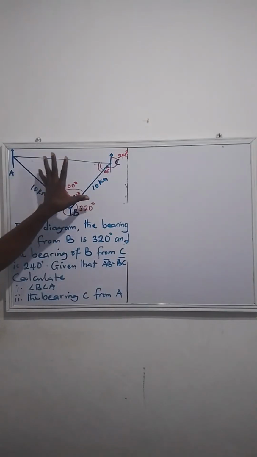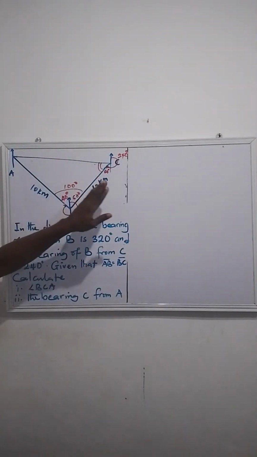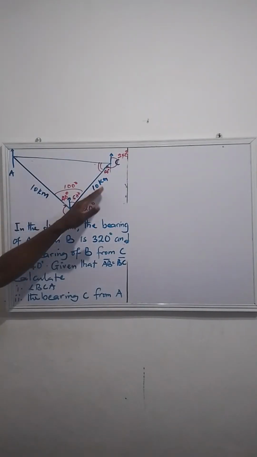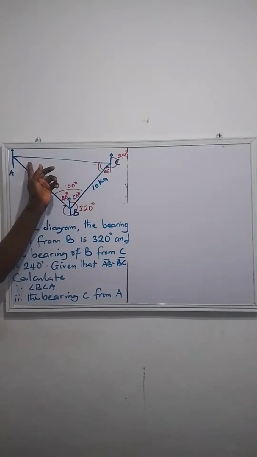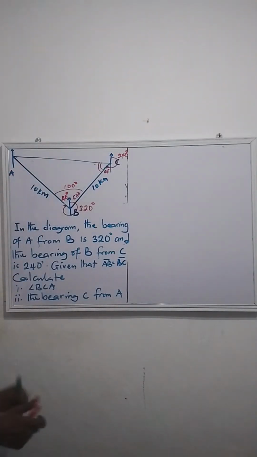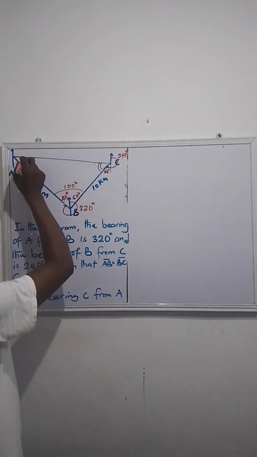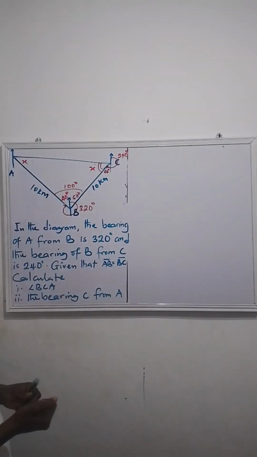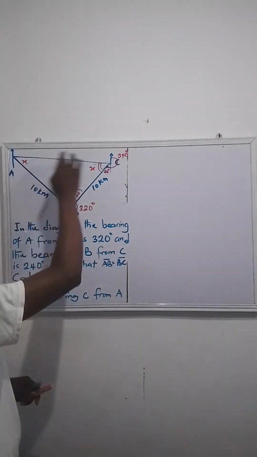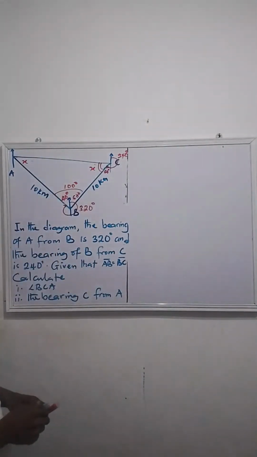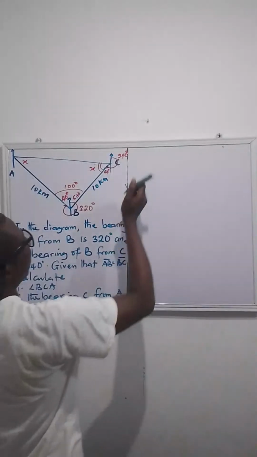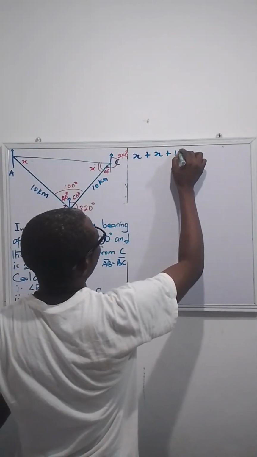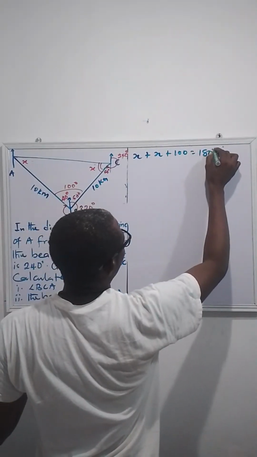Now look at this diagram carefully. You will see that this is an isosceles triangle, because this side and this side are equal. That means the base angles must also be equal, so we can represent each angle by x. The sum of angles in a triangle is 180, so I will write x plus x plus 100 equals 180 degrees.